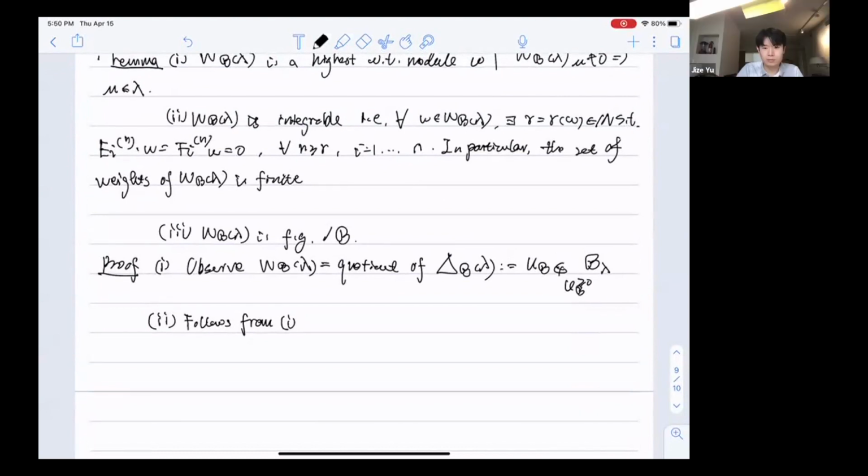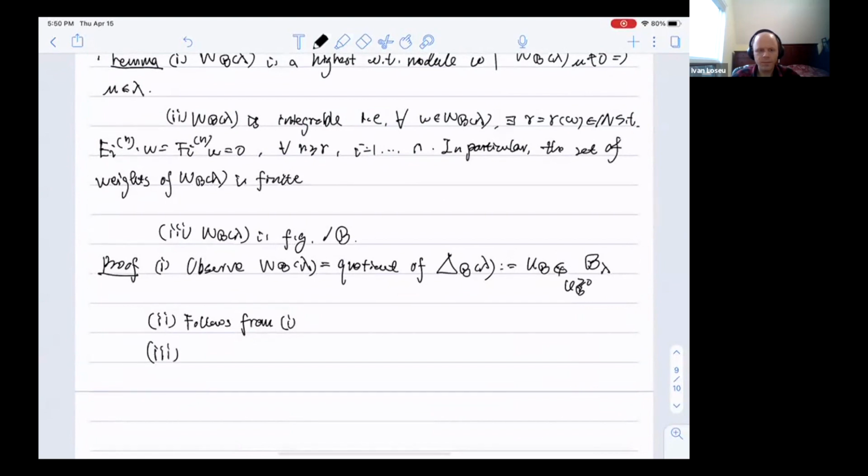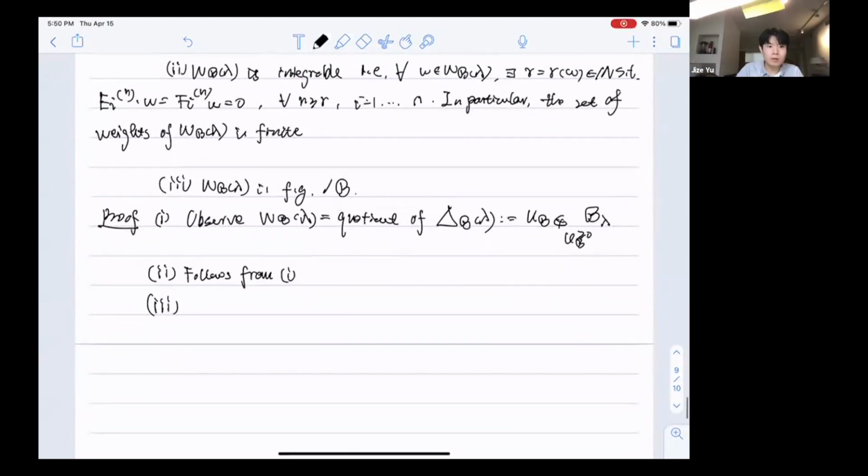And statement 3 basically follows from 1 and 2.